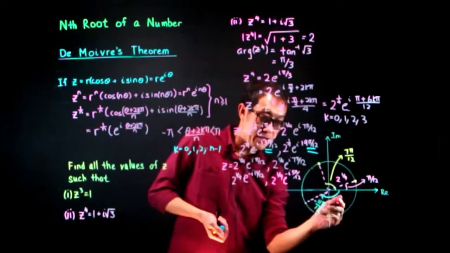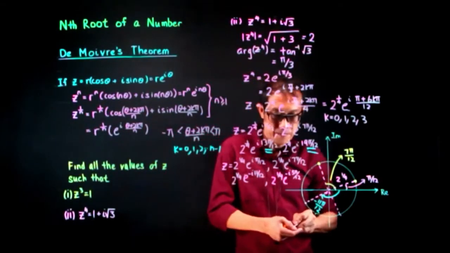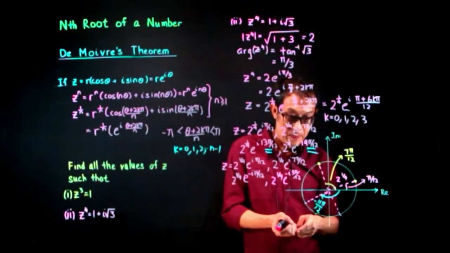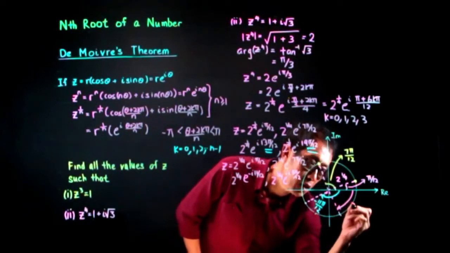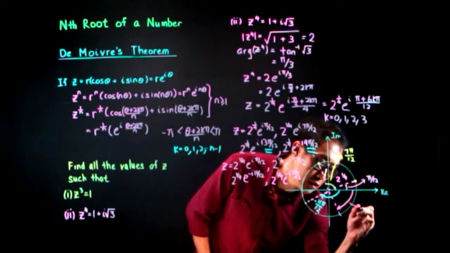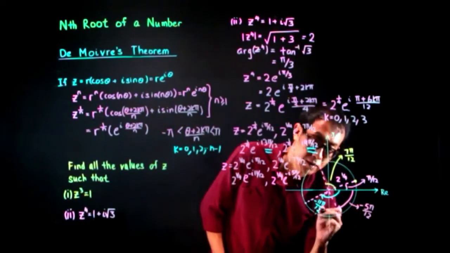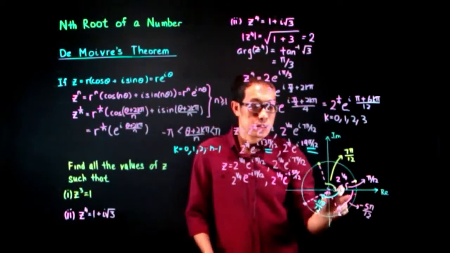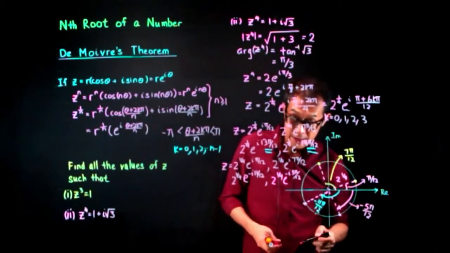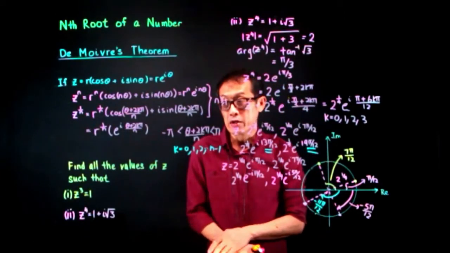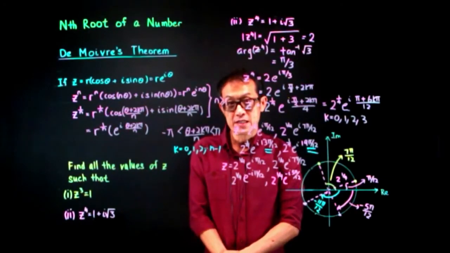The last one is minus 5 pi over 12. These are the four possible answers for z. For that, we have come to the end of this question. Thank you very much, and we hope that you have learned something from this video.